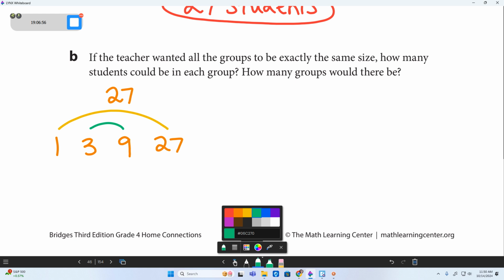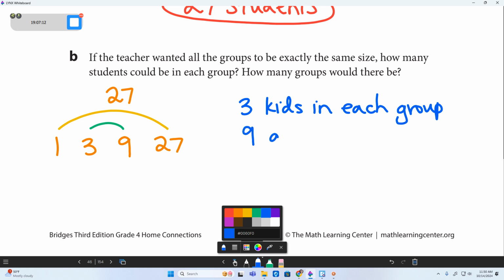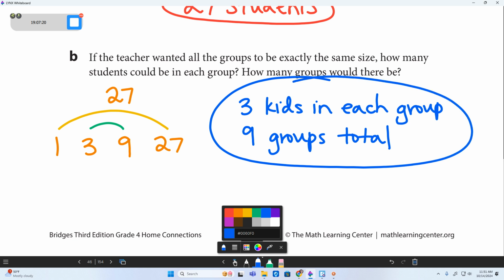So I would say a possible answer would be 3 kids in each group, and I'm going to say 9 groups total, because 3 times 9 is 27. And I think having 9 kids in a group is kind of ridiculous. I think 3 kids in a group is correct.